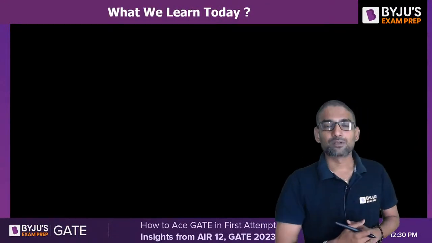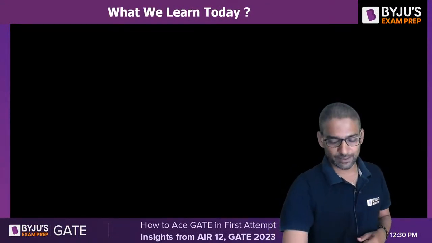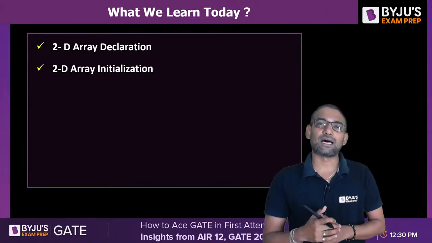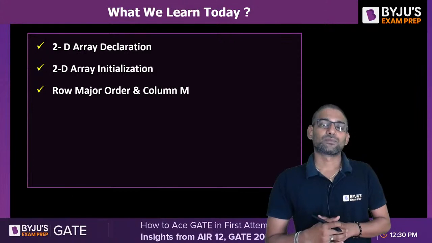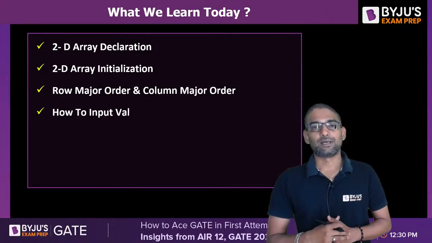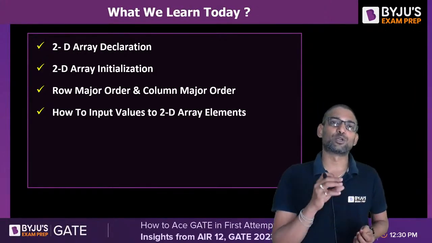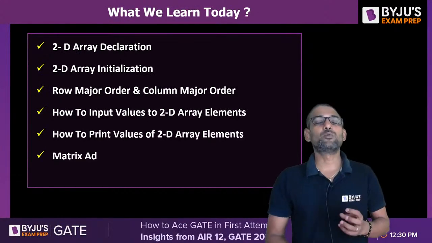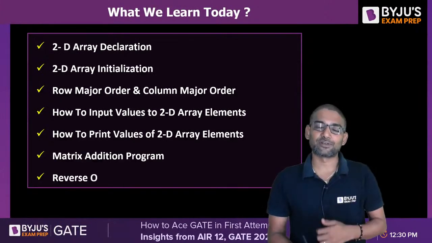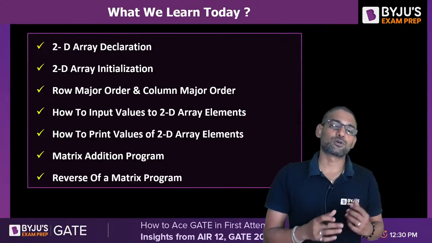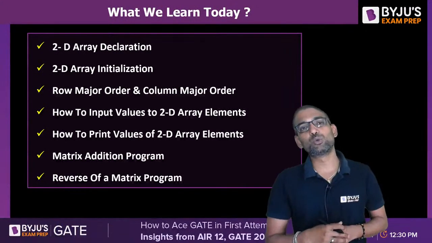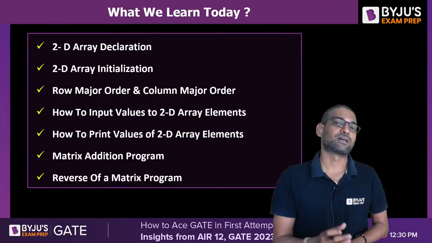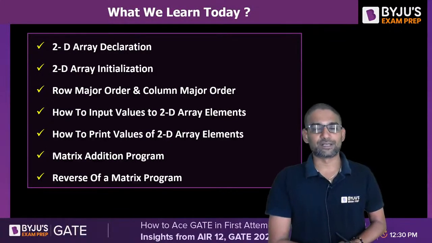All right. So what we are going to learn today? We are going to learn about two-dimensional array declaration, initialization, what is the difference between row major order and column major order, how we can give dynamic input for 2D array, also how we can print two-dimensional array, and a couple of matrix programs which are of 2D arrays.